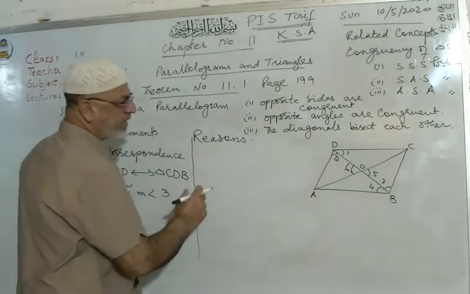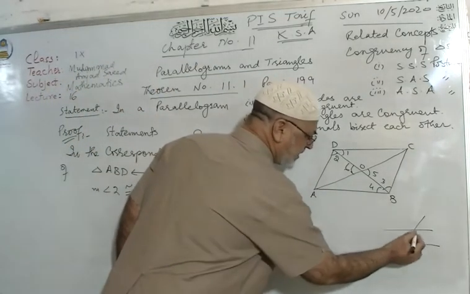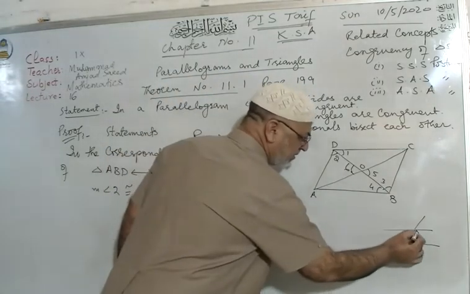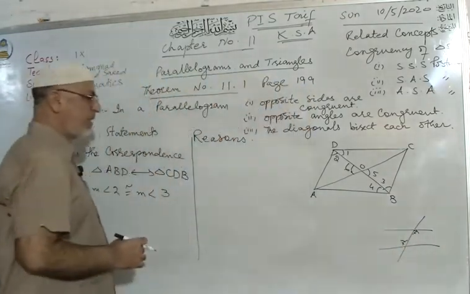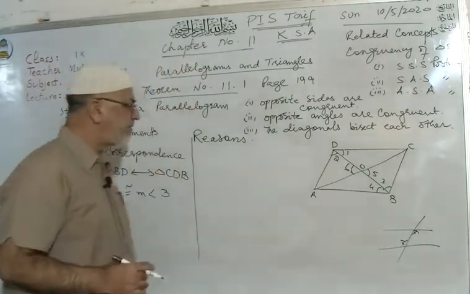They are alternate angles. Remember that if two lines are parallel, then these alternate angles are always equal. So angle 2 is congruent to angle 3.